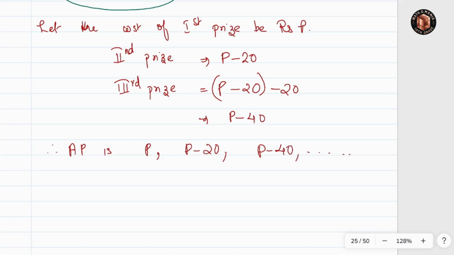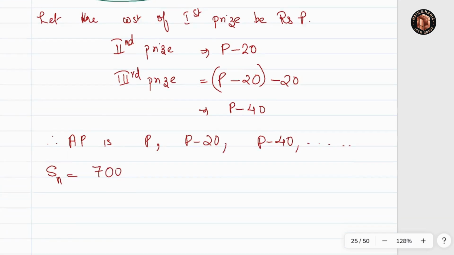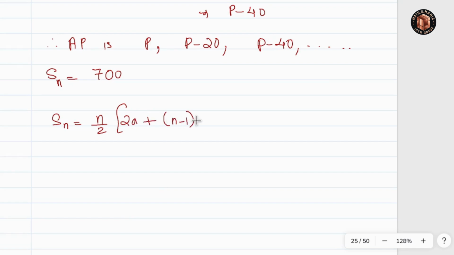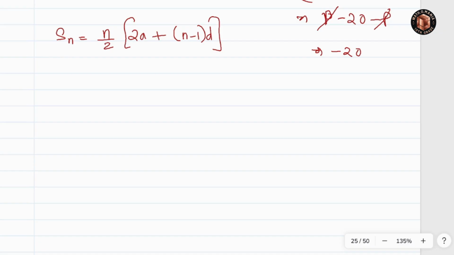And they are telling that its total sum Sn is equal to rupees 700. Now we take our equation: Sn equals n by 2 into 2a plus n minus 1 into d. So 700 equals 7 by 2 into 2P plus 7 minus 1 into d, which is minus 20.